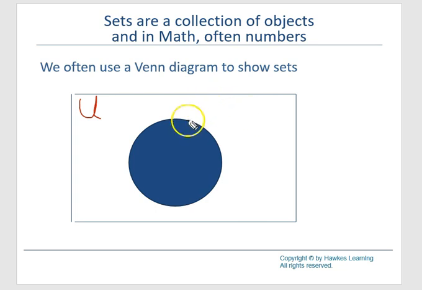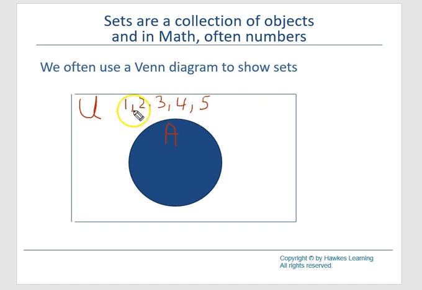And then inside the universe, we would have a particular set. And often this set we could call set A. And we would define set A. Let's give an example. So in the universe we have 1, 2, 3, 4, 5.